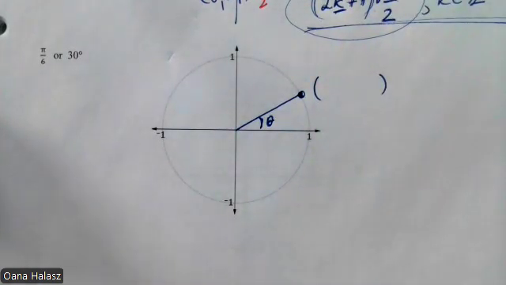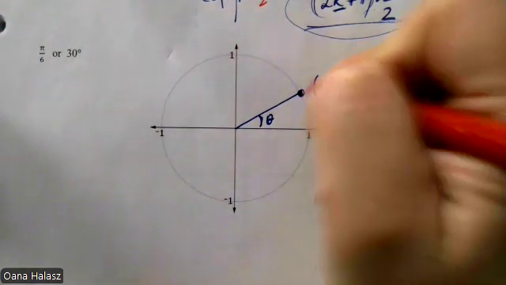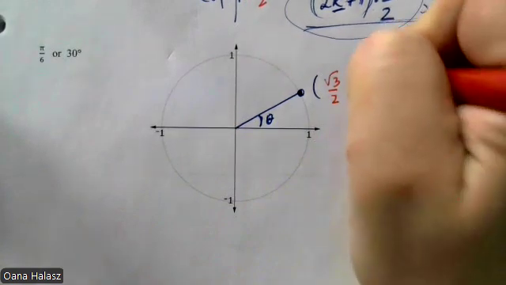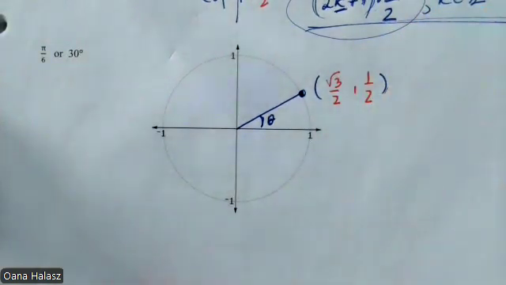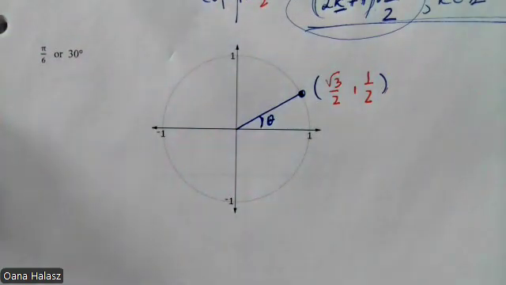If you're interested, I can show you how we can figure the values out. The point is square root of 3 over 2 and 1/2. So that's the position of this point for the angle 30 degrees.